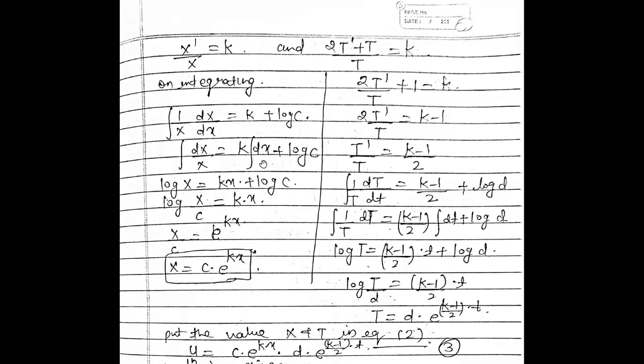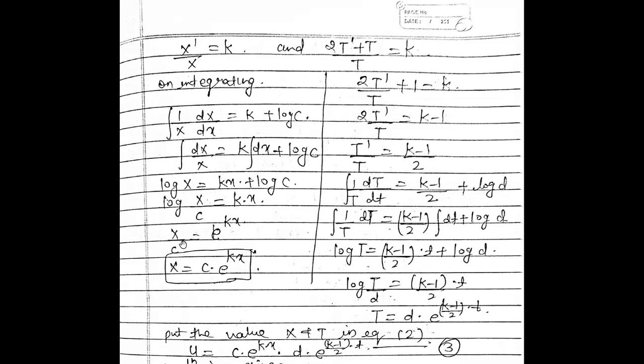The integration of dx is x, and the integration of dX upon X is log X. We consider a constant log c because our solution is in log form, so we can take the constant as log c here. So log X is equal to kx plus log c. Using log m minus log n is log m by n, we can write log X upon c is equal to kx, right?